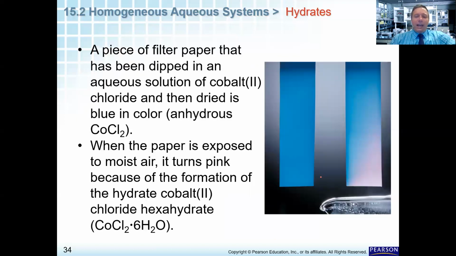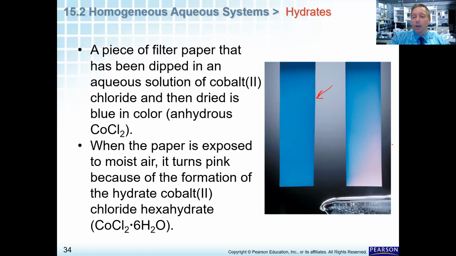So you could also look at, for example, here we have some test strips in cobalt 2 chloride, and this blue right here is dried, so it's anhydrous. But if you take it and you expose it to the air around, there's moisture all around us.